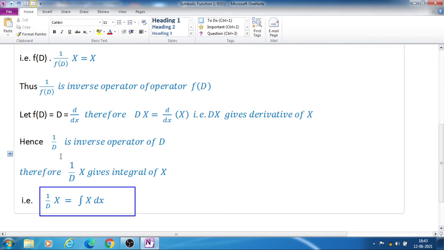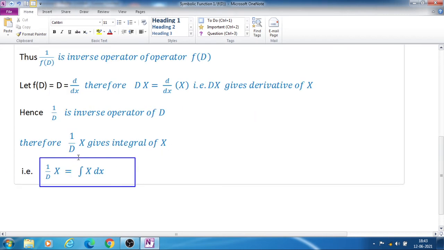Therefore 1 upon D is the inverse operator of D, which means 1 upon D operating on X gives the integral of X, because derivative and integral are two inverse operations. Therefore 1 upon D into X is equal to the integral of X dx.